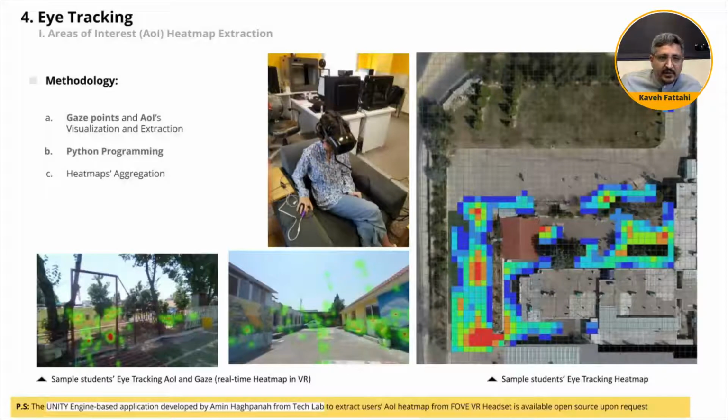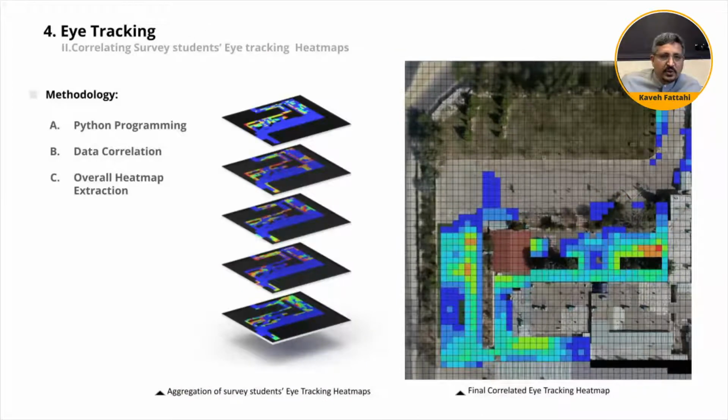Using Python programming, all students' separate zone-extracted heat maps were aggregated to develop a schoolyard whole-area-covered heat map for each student. Using programming one more time, all students' aggregated heat maps were superimposed and correlated to extract an overall students' AOI heat map, as you can see on the right side of the slide.